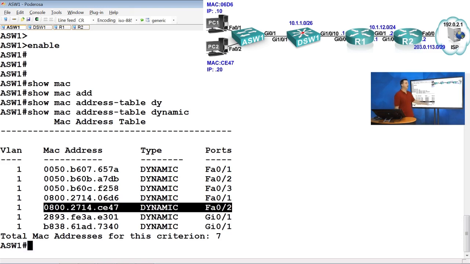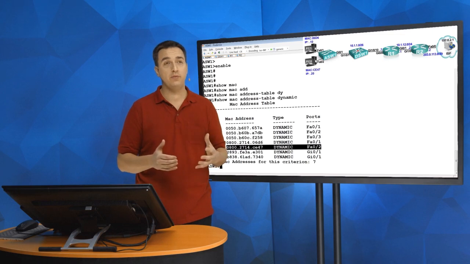If this entry wasn't in our MAC address table, then the switch would have to flood the frame out all ports except the port it came in on. But since we have this entry in our MAC address table, the switch will simply take the frame and forward it out Fast Ethernet 0/2 down to PC2. So that's the frame forwarding process.